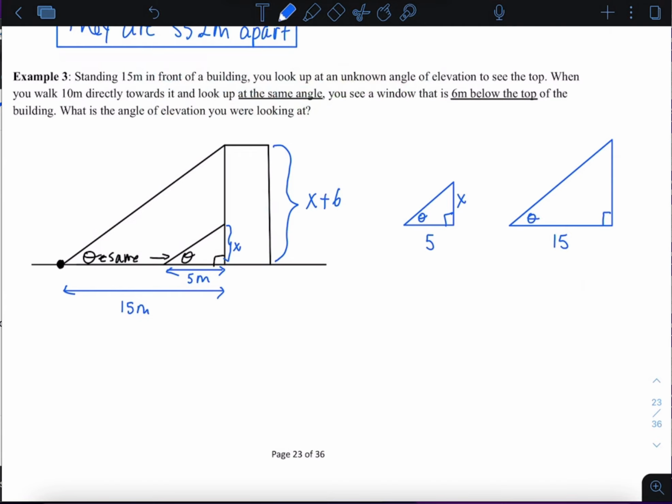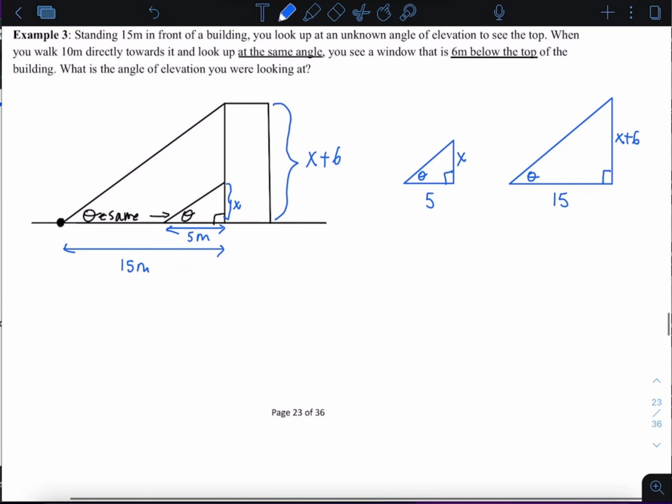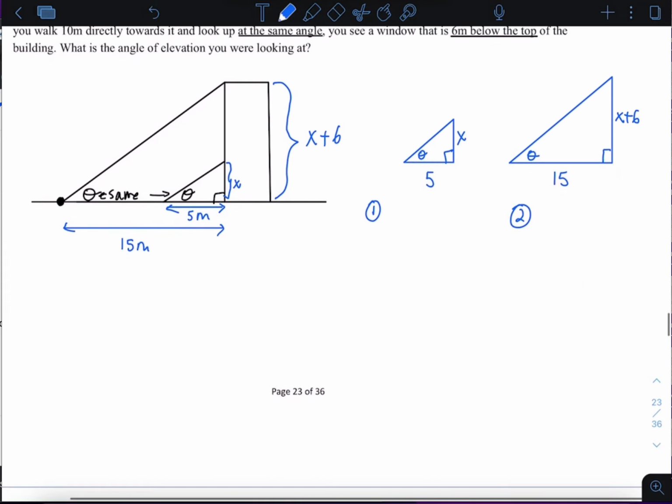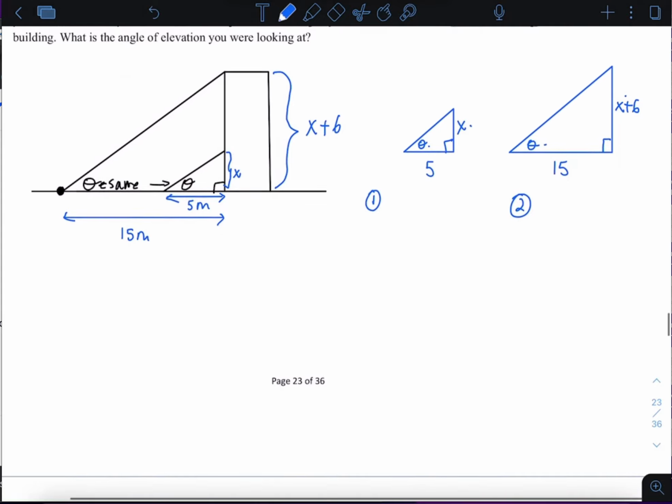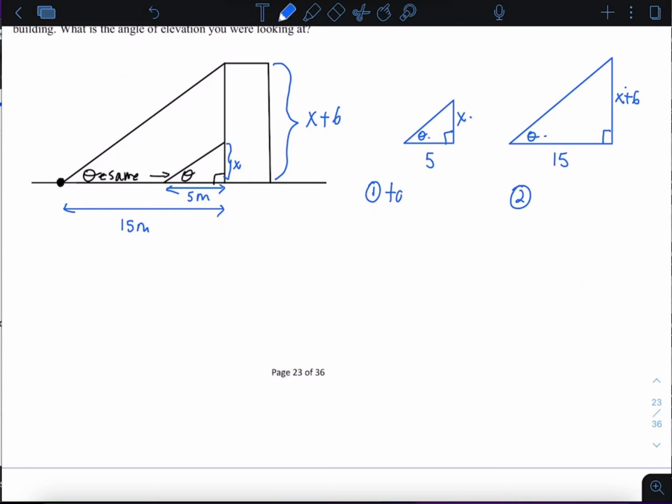So the bigger triangle has these dimensions, 15, x plus 6, and theta, and the smaller one is theta, x, and 5. So what I can do is create a system of two equations to help me figure out x, because I don't have enough information. I have theta and x in both pictures, so I'm going to need two equations with the two unknowns.